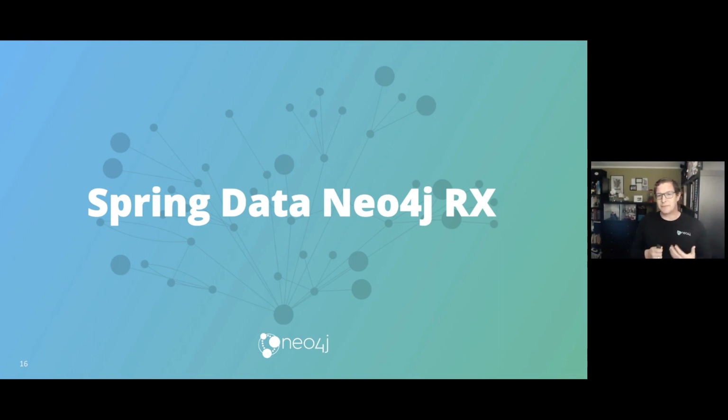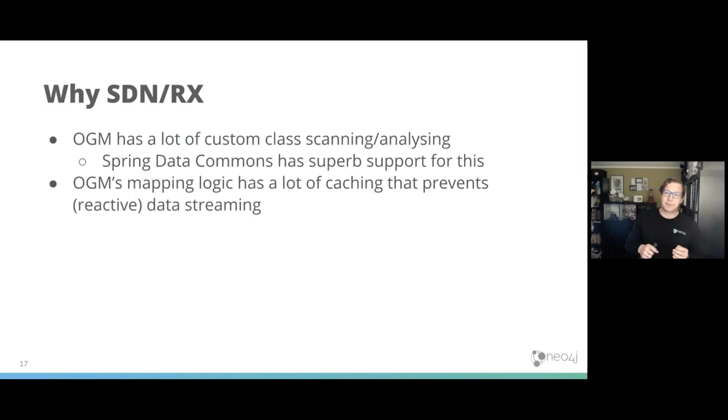So we created a project called Spring Data Neo4j. And why we created it was more or less out of two things we have seen in OGM that were problematic for us to solve when we wanted to go the way to reactive support that's going to be in the database.